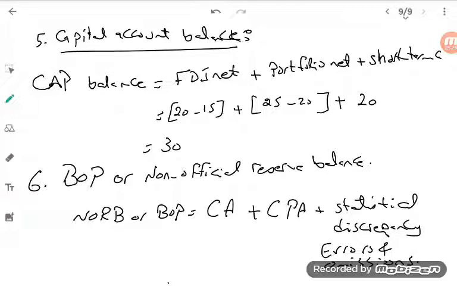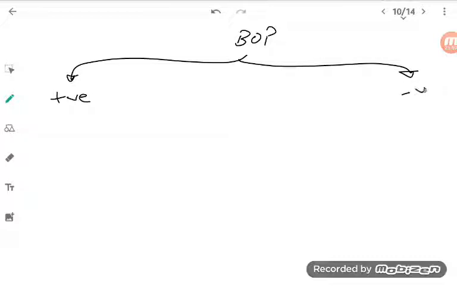When you are going to calculate the balance of payments, you can find one of three results. The value can be positive, or the value can be negative, or zero. Zero means that there is a balance in the balance of payments, which means inflows equal outflows.